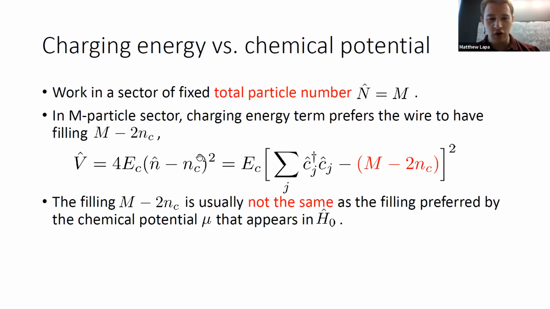So this model should really be thought of as a 2-parameter deformation of the mean field model. There's one parameter, which is just the magnitude of this charging energy, but there's a second parameter, which is how different this m minus 2nc is from the filling that's preferred by the Hamiltonian without charging energy.